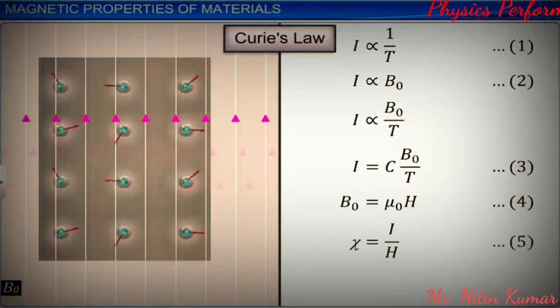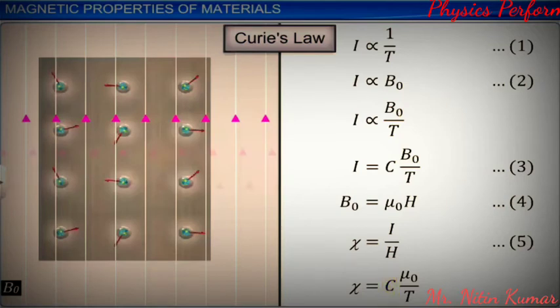Substituting equations 4 and 5 in equation 3, and on simplification, we get chi is equal to C mu naught by T. This is known as Curie's law, where C is called Curie's constant. Let this be equation 6.